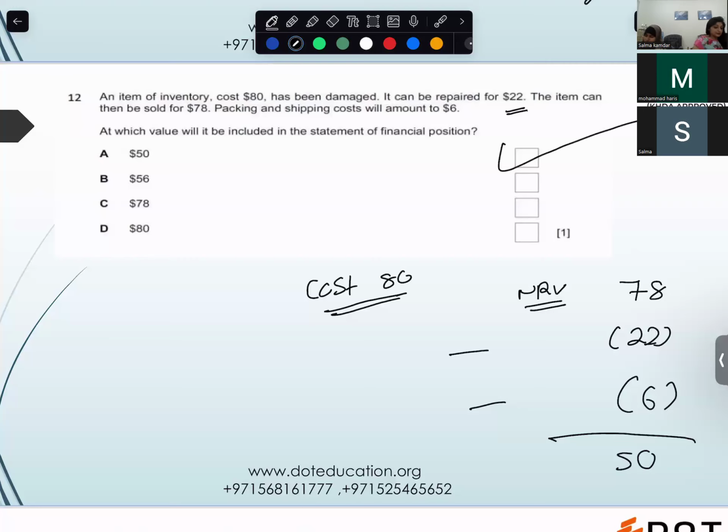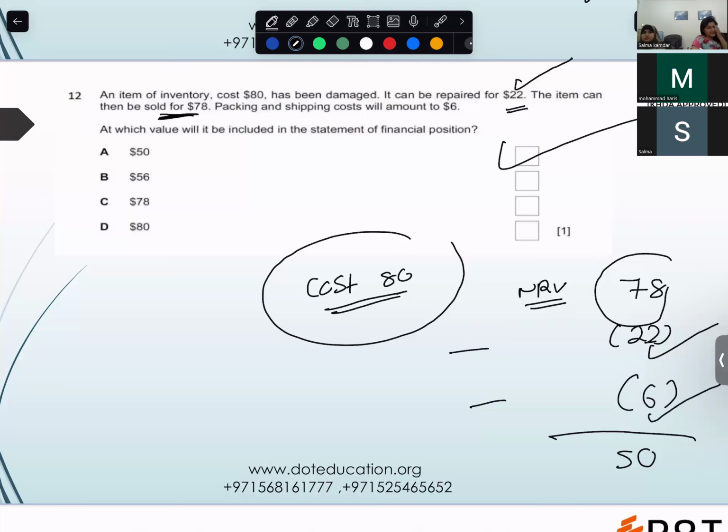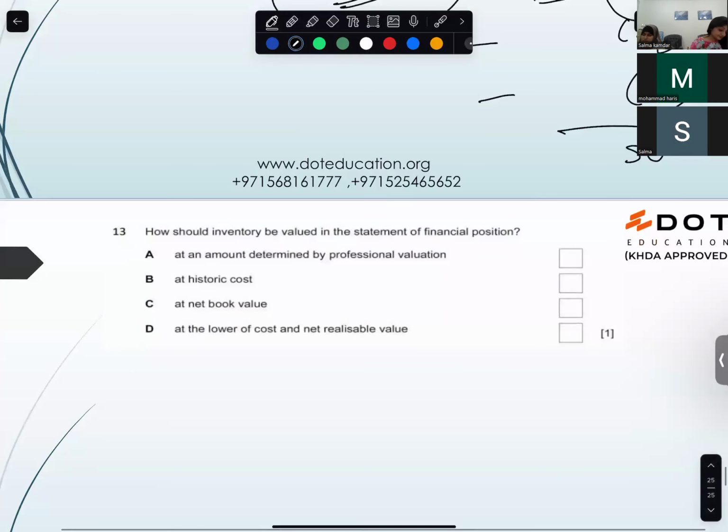I didn't understand. Cost is 80. NRV is 78. It can be sold for 78 if I do repairs of 22. And then we minus 6 for packing and shipping also. Okay, 50.